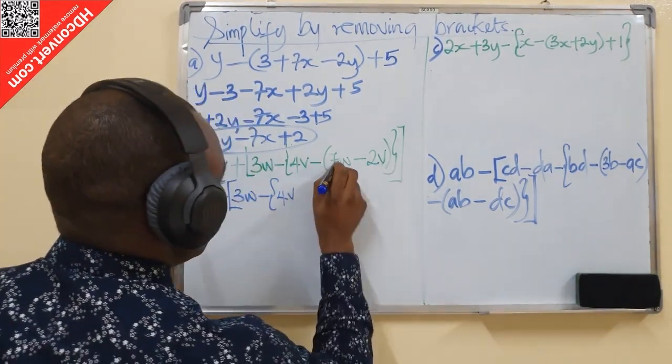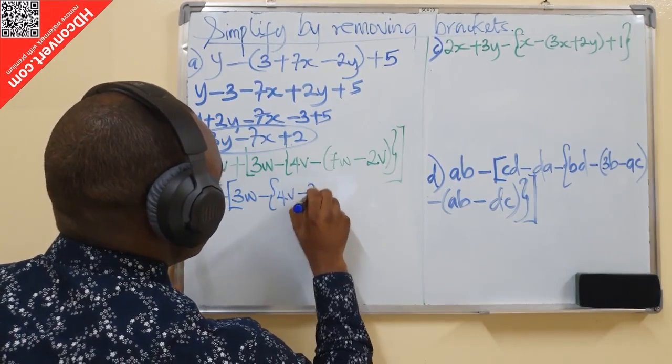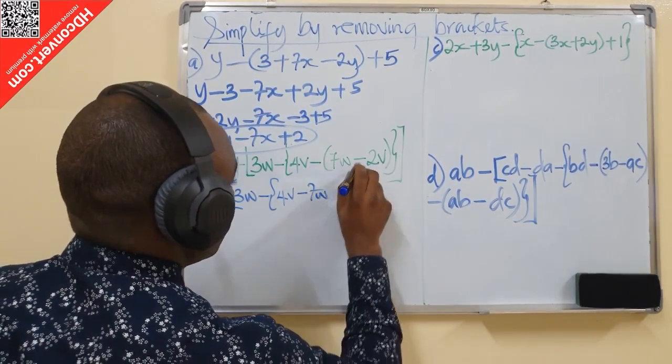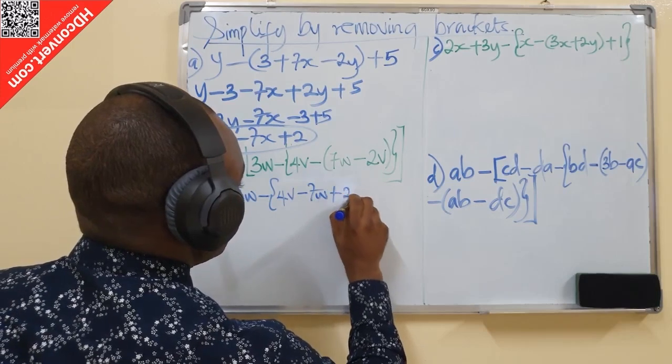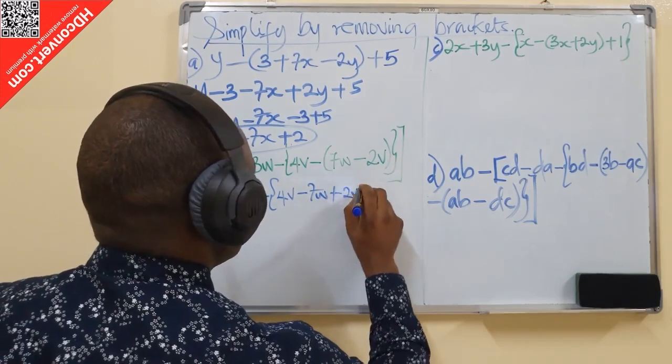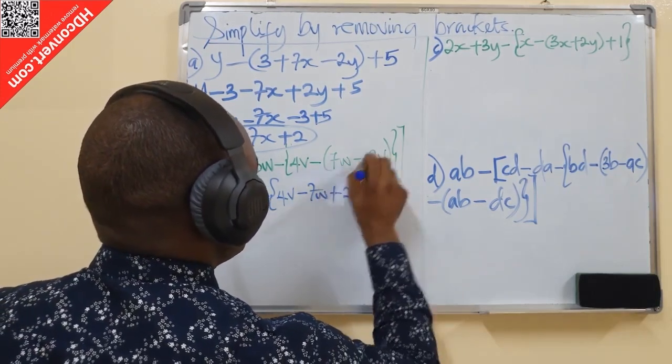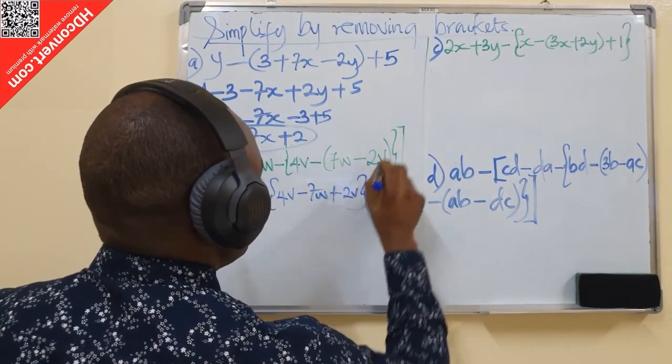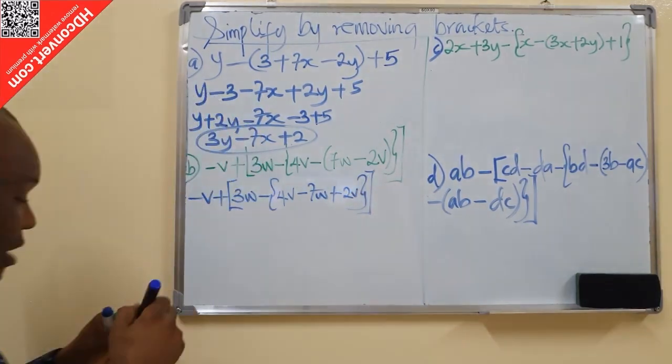All signs will change. So this will become negative, minus 7w plus 2v. Then the curly bracket closes because we've opened the smallest bracket inside. Close the curly bracket and close the block bracket.